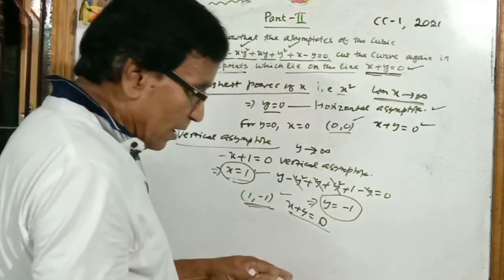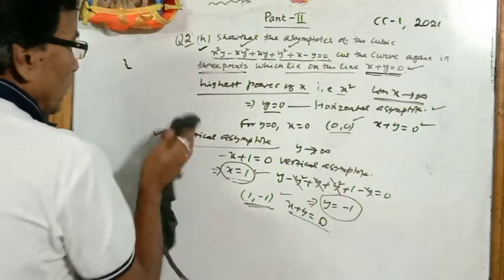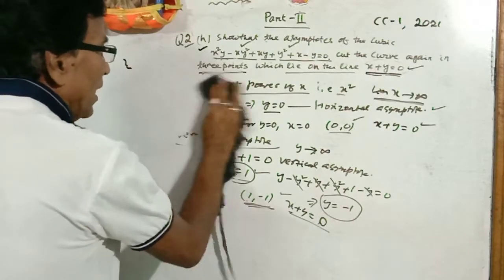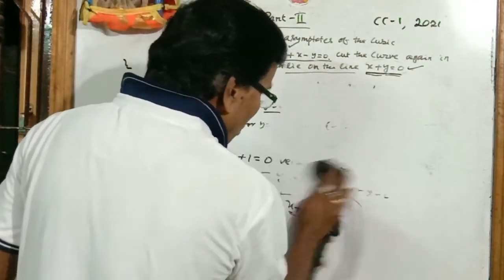Next we will find out the third point. So in order to find out the third point, again we have to find out the oblique asymptotes. Now how can you find out oblique asymptotes? What is the procedure to find the oblique asymptote?